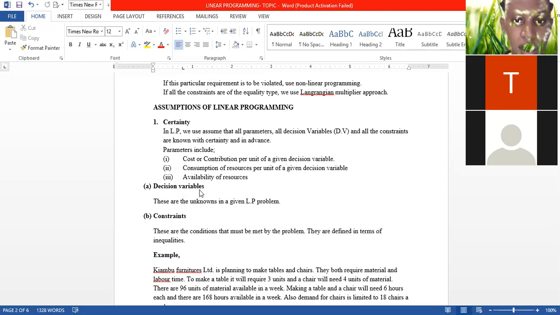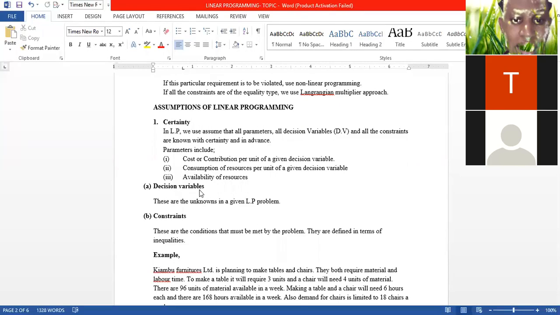So the very first thing that you do, once you have noted that the problem is one of maximization or minimization, is to go straight into identifying your decision variables. You say, let X represent, for example, the number of units of a commodity, say Y or any other, that could be produced on the farm.